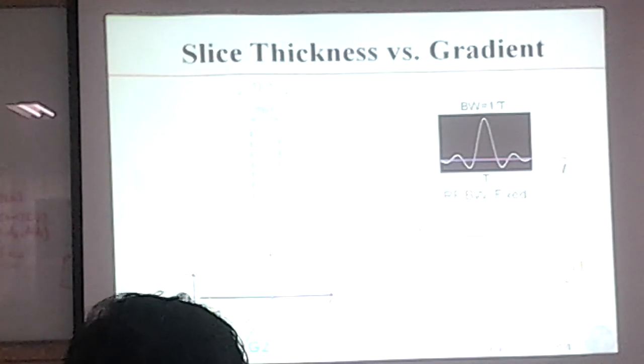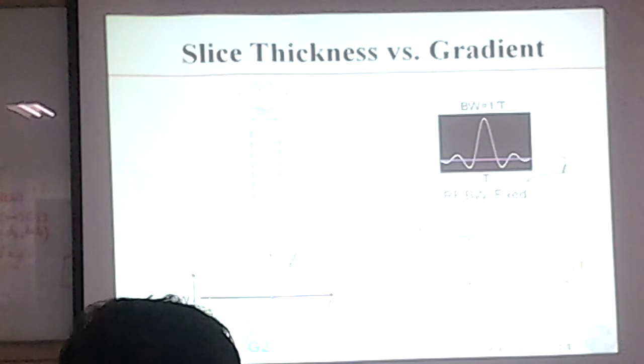So the yellow gradient waveform generates the yellow slope of gradient field, and the large gradient field, which is presented by the blue line. So this blue line waveform generates the strong gradient field like this.